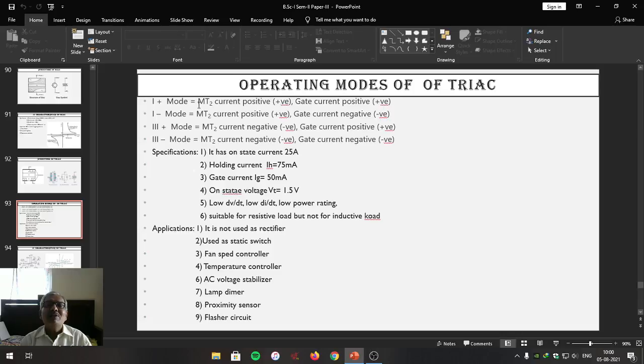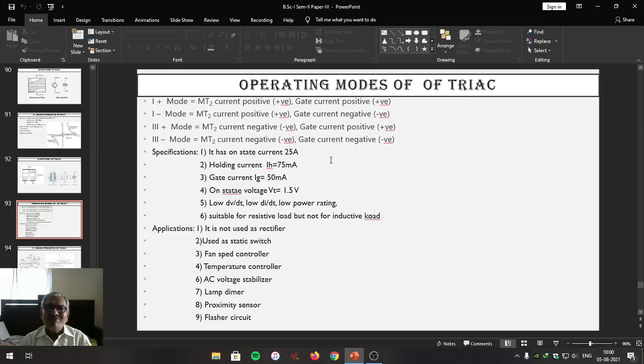Second, MT2 positive, gate negative. Third, MT2 negative, gate positive. Fourth, MT2 negative, gate negative. When I say MT2 is positive, it means MT1 is negative at that time. Please do remember. But when I say MT2 is negative, meaning thereby at that time MT1 is positive.